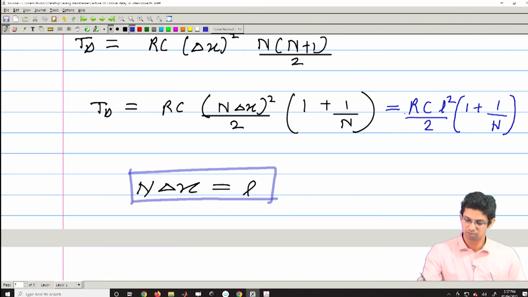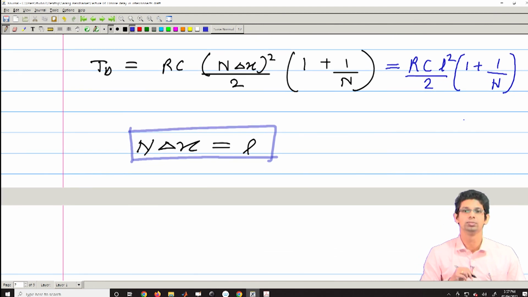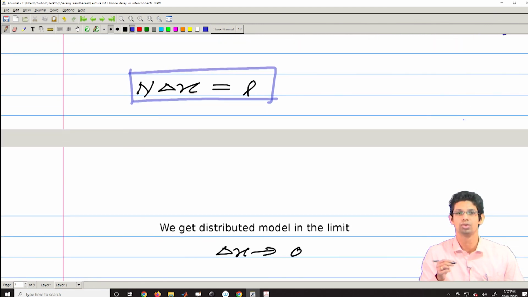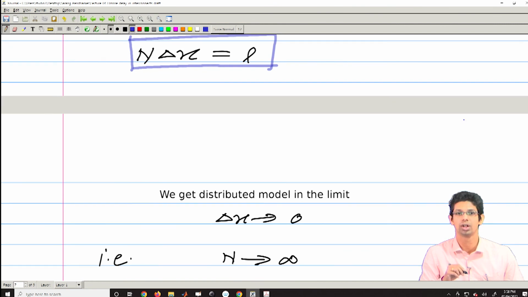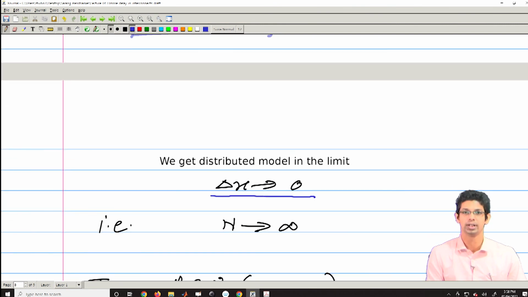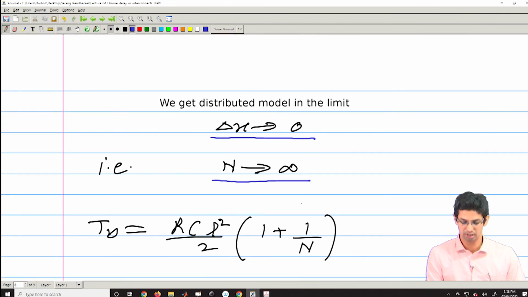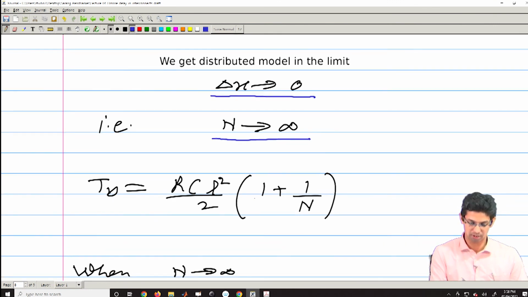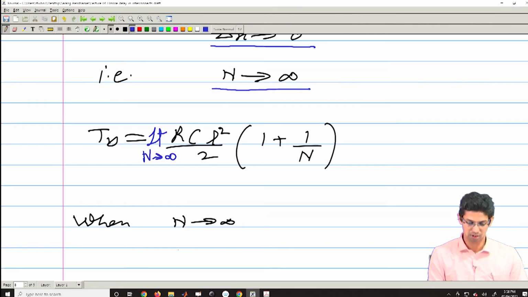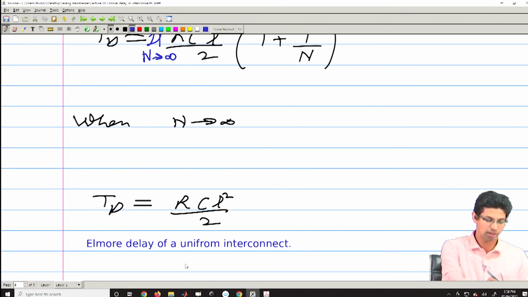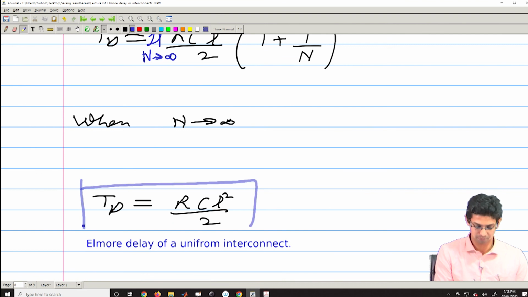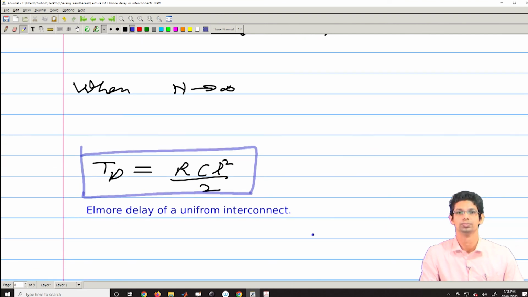So, this is my expression. Now, I am well placed to go to the distributed model. I apply the limit delta x tends to 0 or n tends to infinity, and if I apply the limit here, what I get is my Elmore delay as R C L square by 2.